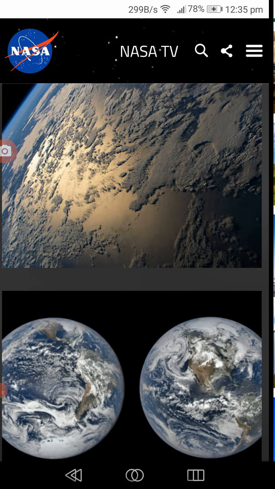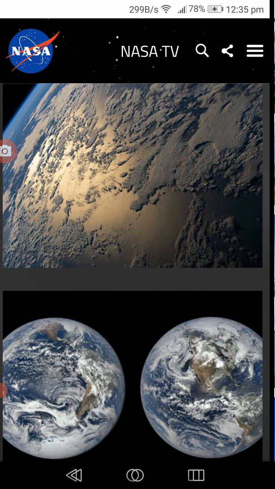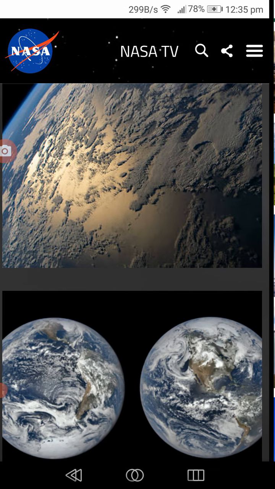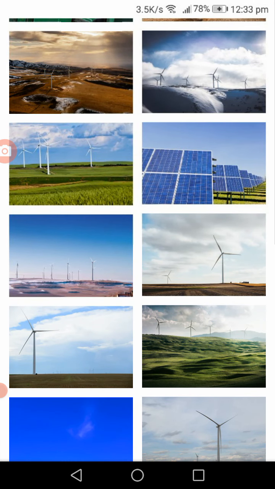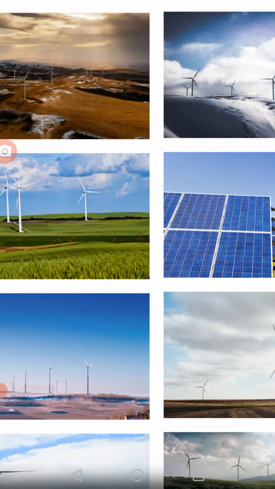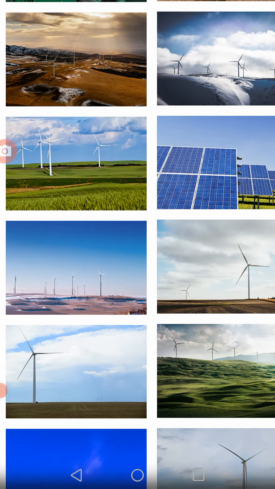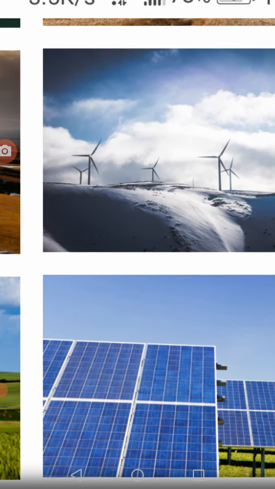The components of environment are: 1. Natural, that is land, lithosphere; air, atmosphere; water, hydrosphere; living things like animals, plants, birds, and insects. If you see in this picture, you will find the land. It is in the brown color. On the other side you see the sky, which is in the blue color.